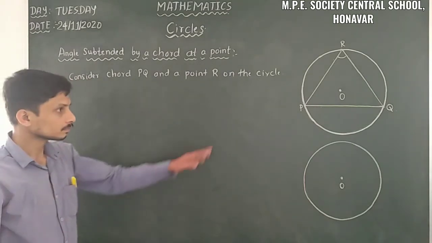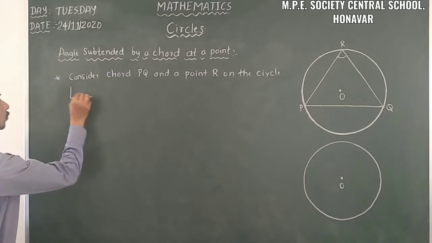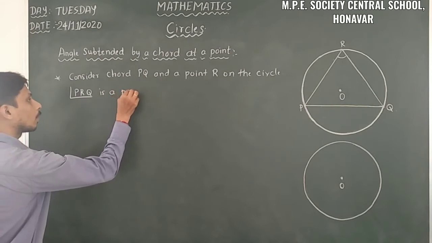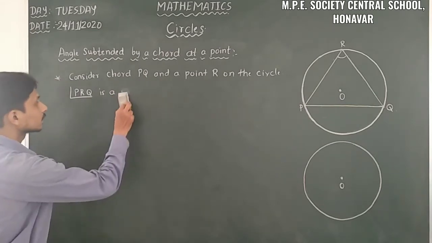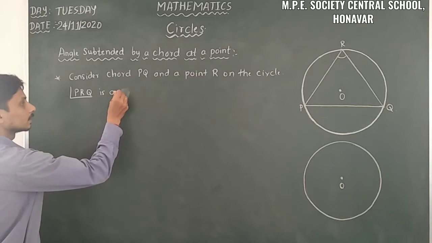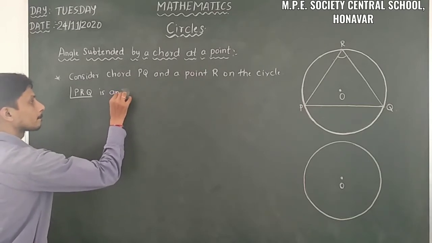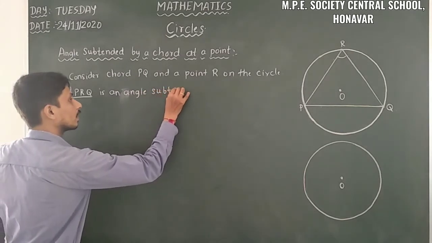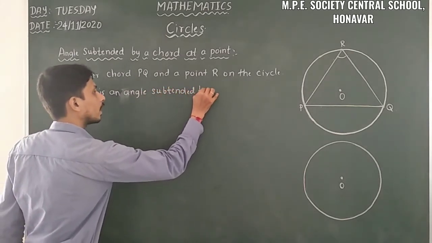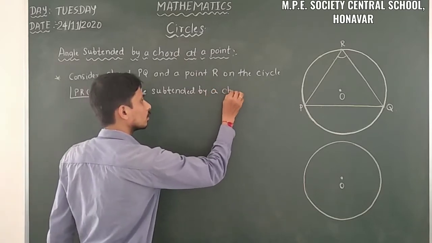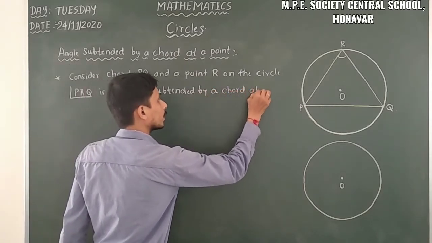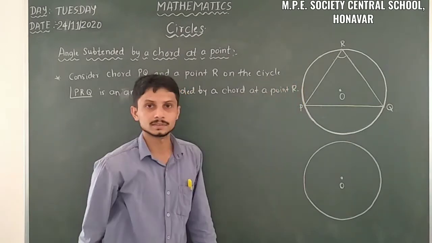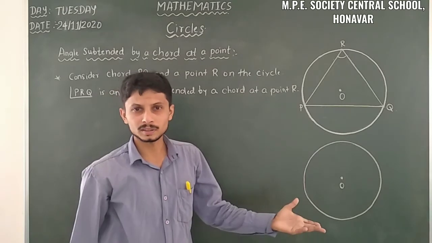Here angle PRQ is not a point, it is an angle, the angle subtended by a chord at a point R. Like that, you can take any point.